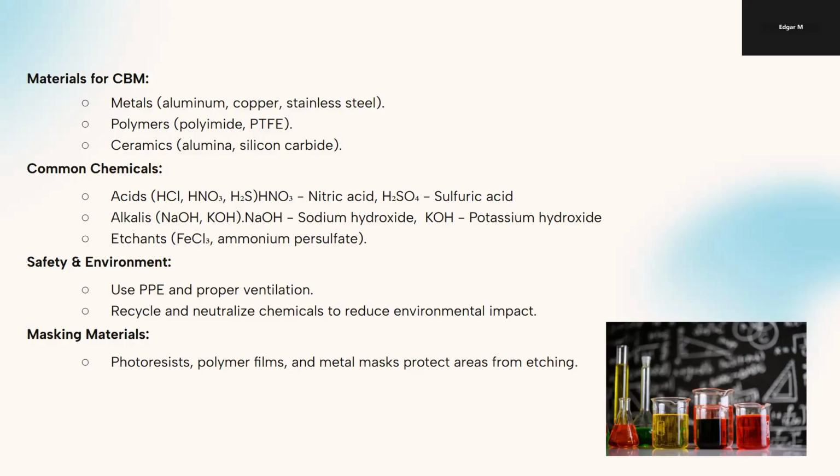In a safe environment, use PPE and proper ventilation, and recycle neutralized chemicals to reduce environmental impact. Mask materials: photoresist and polymer films, and the mask material protects areas from etching.